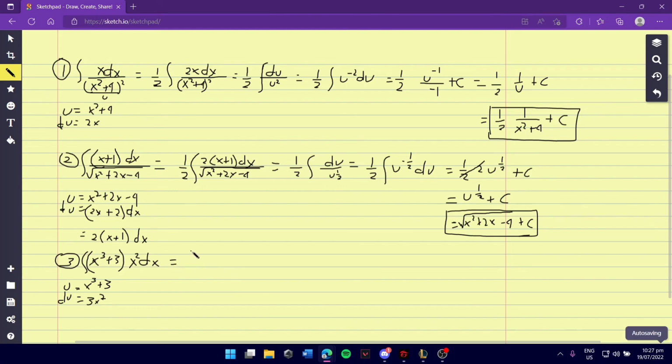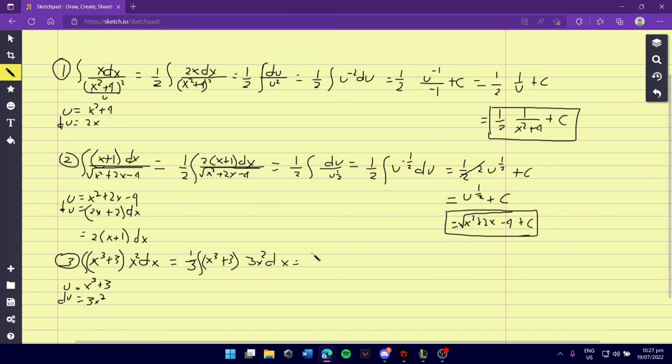So put 1/3, then 1/3 times x cubed plus 3, integral sign, 3x squared. Now we have our u and our du.